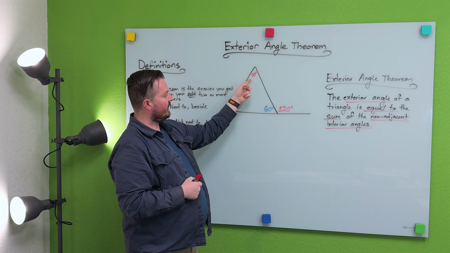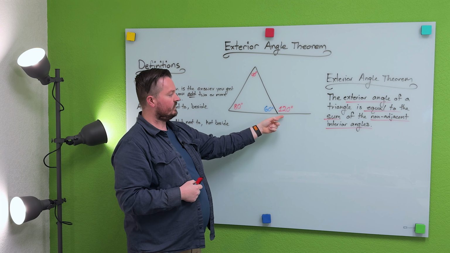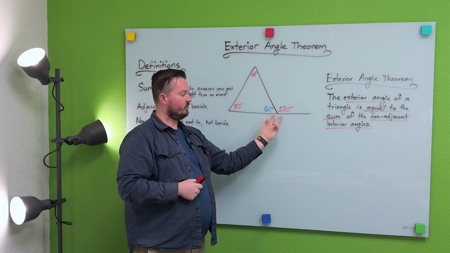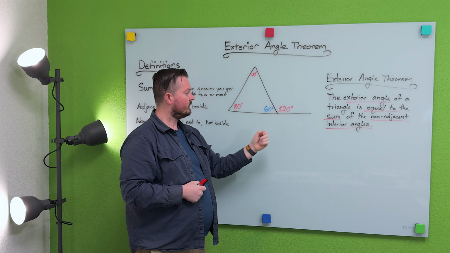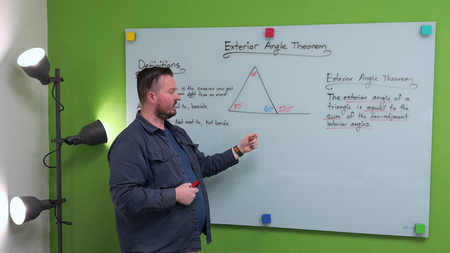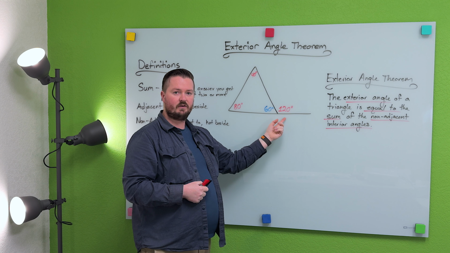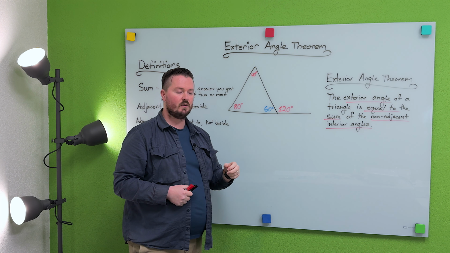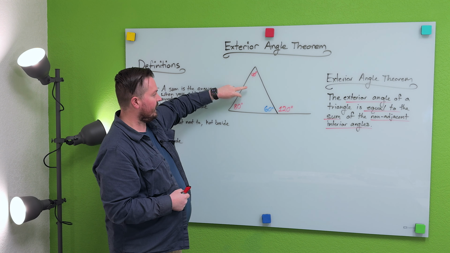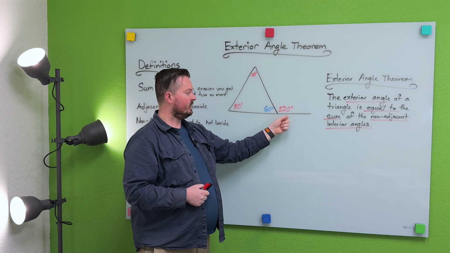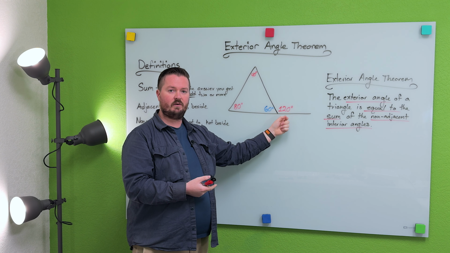This 40-degree angle is not adjacent to this exterior angle because they're not literally next to each other the way these two are. Next, this 80-degree angle is not adjacent to the 120-degree angle because they're not next to each other. So these two angles, 40 and 80 degrees, both of those would be non-adjacent to the 120-degree angle.